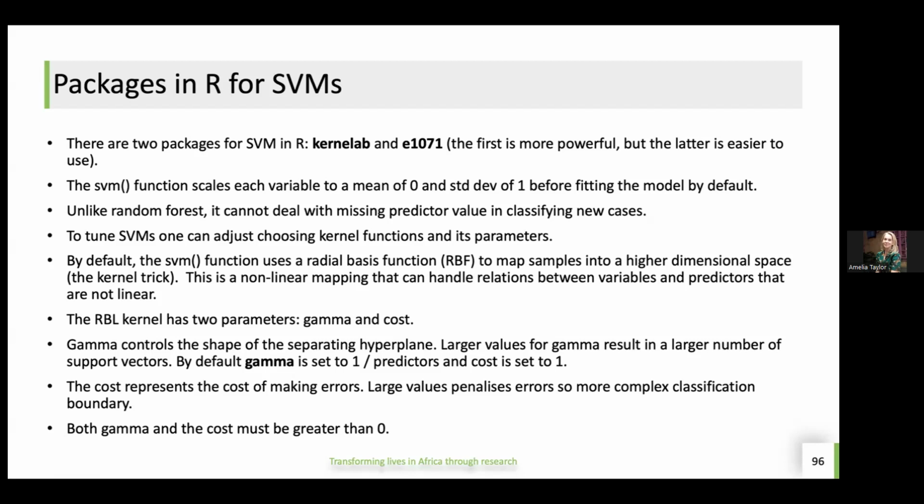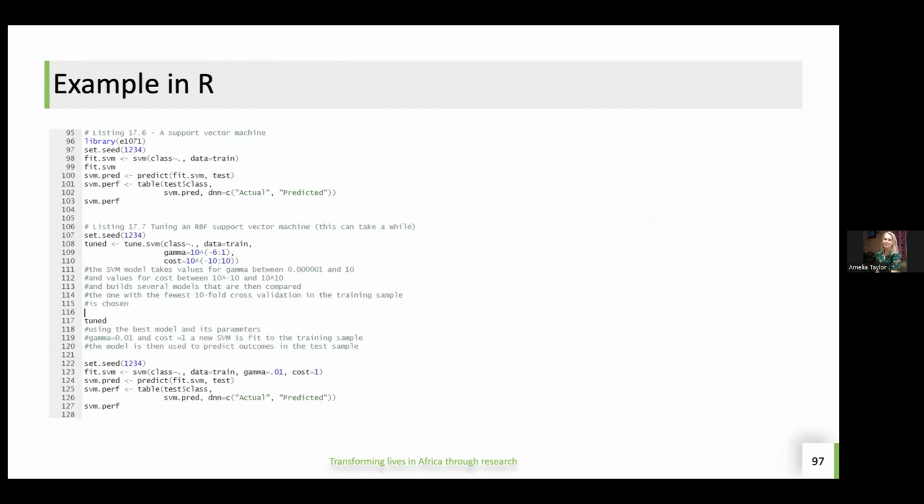And it will give you the gamma and the cost that can achieve that best model. Okay, and we looked at a bit of code. So this is the code that was achieving that. We have the support vector machine defined, we tuned it, and then we chose the best predictor.